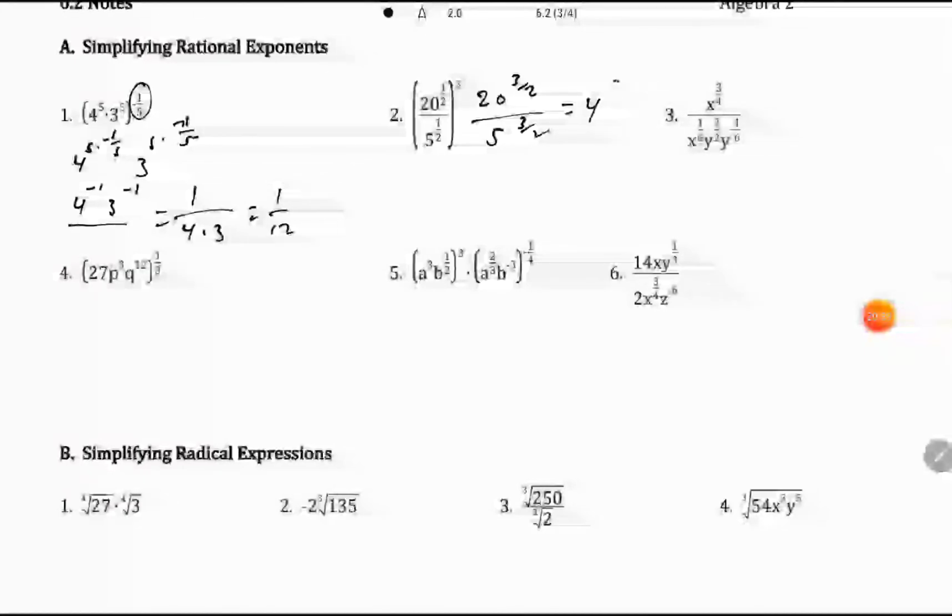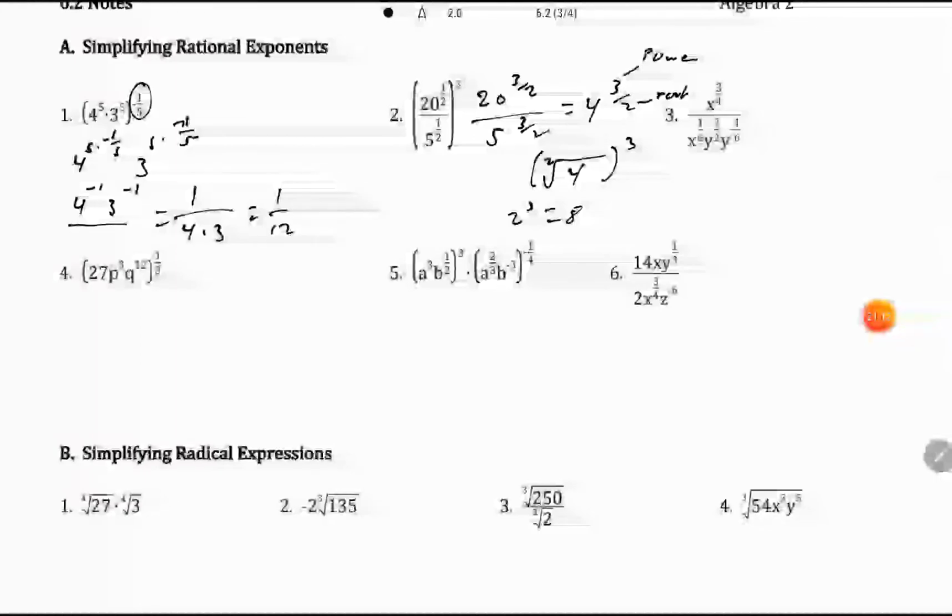So this is 4 to the 3 halves. And remember, from our last section, for 4 to the 3 halves, this is the power, this is the root, so this is the square root, so that's where that 2 comes from, of 4, and then we're going to cube it. So the square root of 4 is 2, 2 cubed is 8. Okay, next.